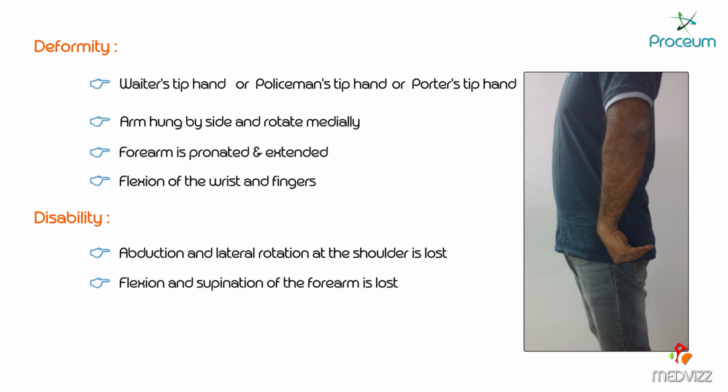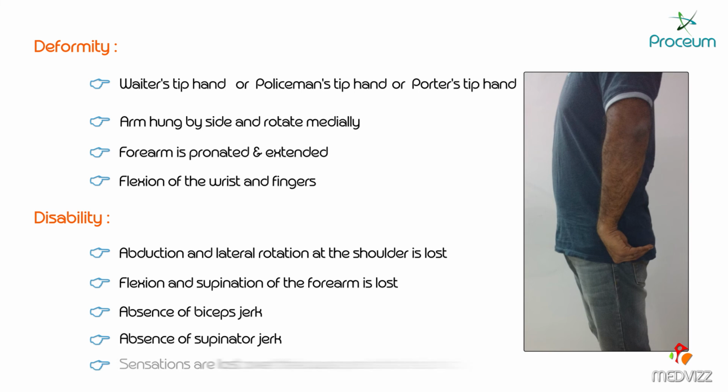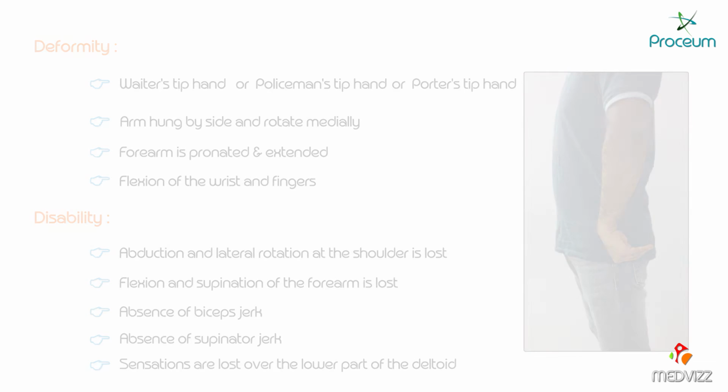The flexion and supination of the forearm is lost, and also there will be absence of biceps jerk. You can also see absence of the supinator jerk, and the sensations are lost over the lower part of the deltoid. So this is what you need to know about Erb's paralysis.